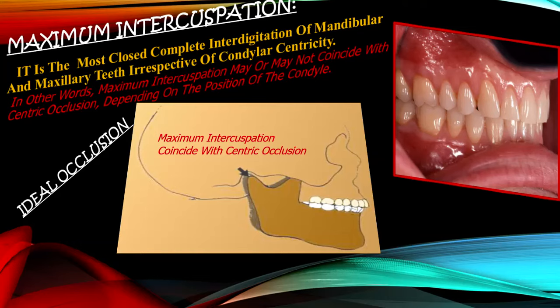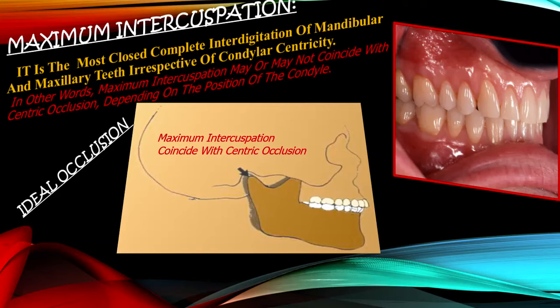In other words, maximum intercuspation may or may not coincide with the centric occlusion, depending on the position of the condyle. So we have now maximum intercuspation and we have centric occlusion. Centric occlusion is the relation of the teeth when the mandible is in centric relation.